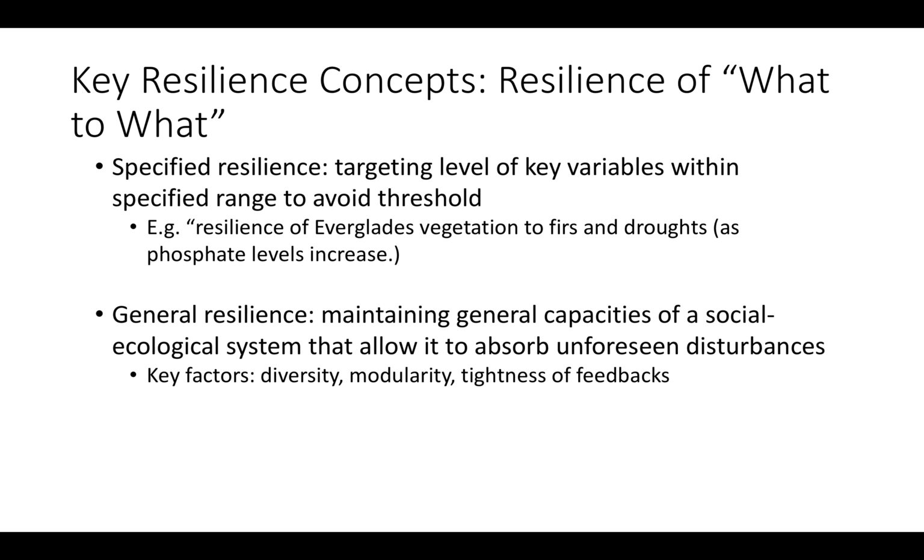So it's targeting the level of key variables within a specified range to avoid the threshold. So knowing the specified range and keeping it within that range. The example they give is the resilience of Everglades vegetation to fires and droughts as phosphate levels increase.